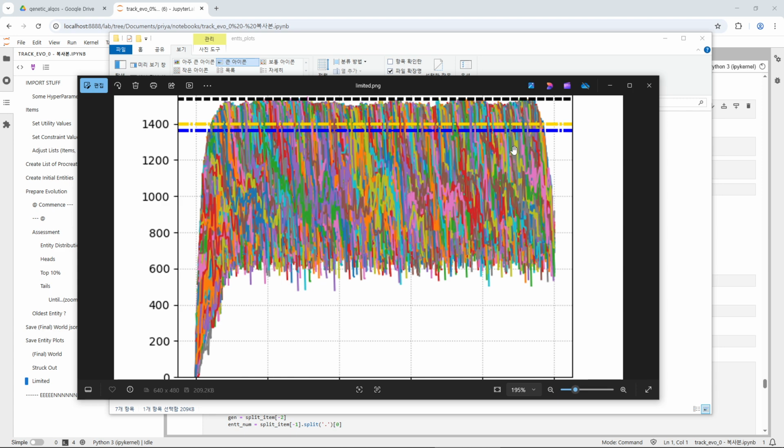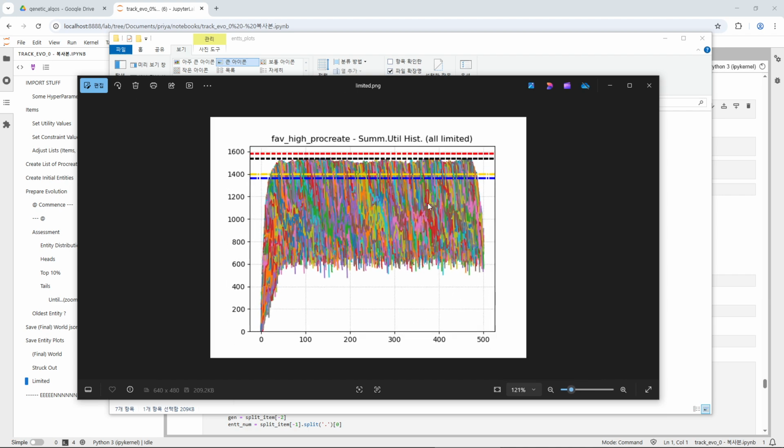Right now it's just raw evolution, and every entity that is not new will just get worse and worse over time, and most of them just phase out. They either get struck out or get limited. Not many of them get struck out, but a lot more of them get limited.